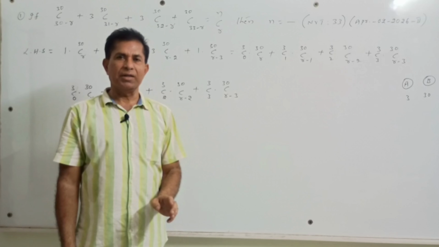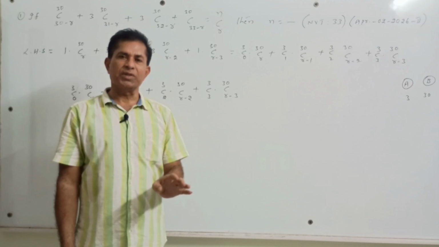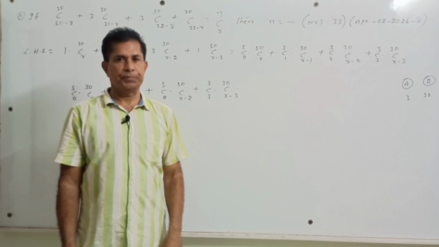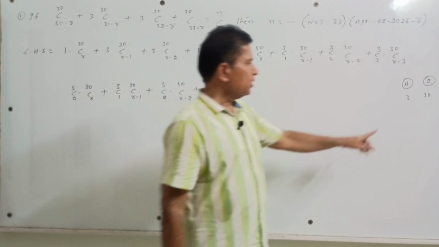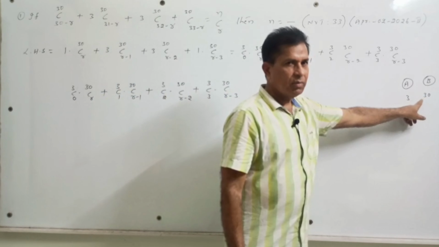Now I will calculate the total number of selections with another method. The total number of objects 3 plus 30 becomes 33.